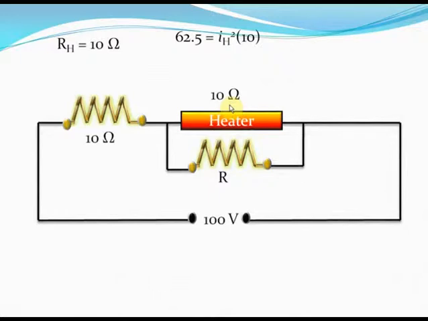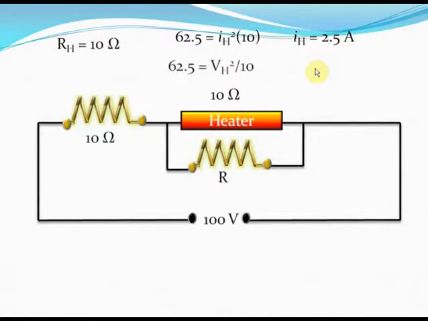Now we are also given, finally, in this particular circuit, the heater dissipates a power of 62.5 watts. But 62.5 watts is IH square into 10, isn't it? After all, if the power is 62.5 watts and the current passing through the heater is IH, then clearly 62.5 will be IH square into RH, that is IH square into 10. That gives us the value of the current flowing inside the heater right now. So right now in this circuit, a current of 2.5 amperes is flowing through the heater.